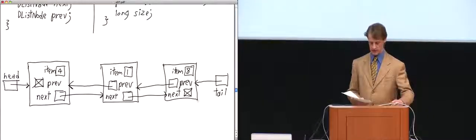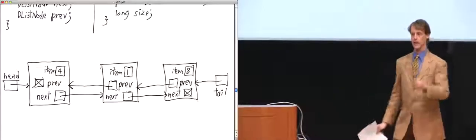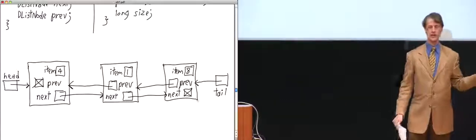So one of the nice things about dlists is that now that I've got this, I can insert items and delete items at either the head or the tail of the list in a tiny constant amount of time.